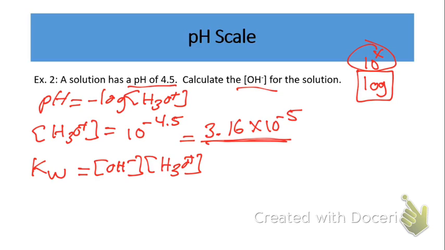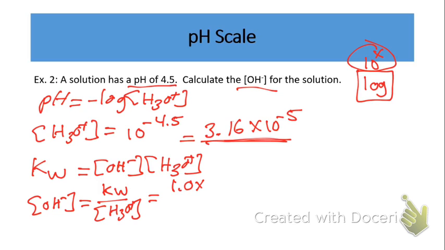So therefore, the hydroxide ion concentration can be found by taking Kw over the hydronium ion concentration, which is equal to 1.0 times 10 to the minus 14. That's the Kw value for water.